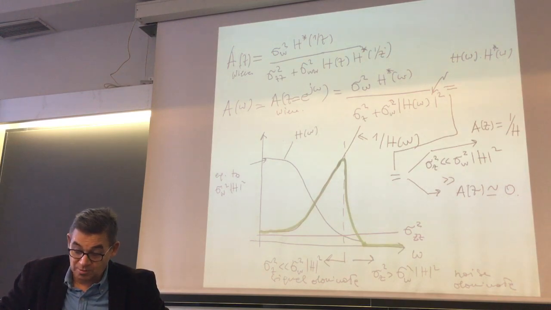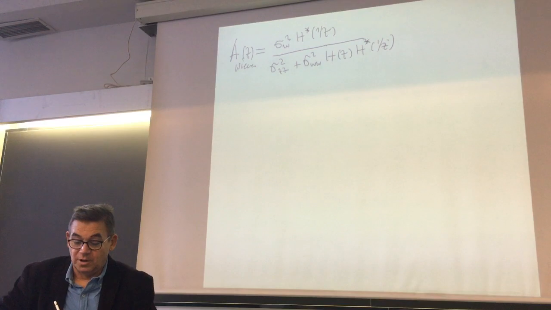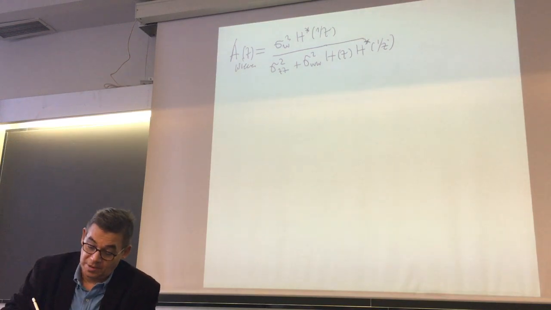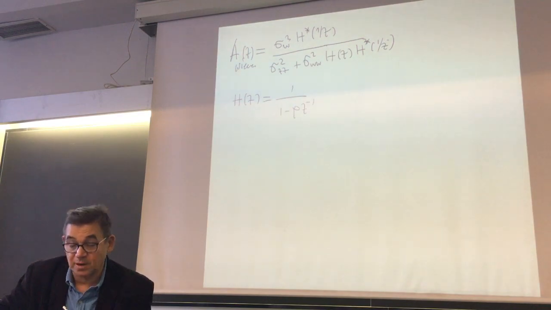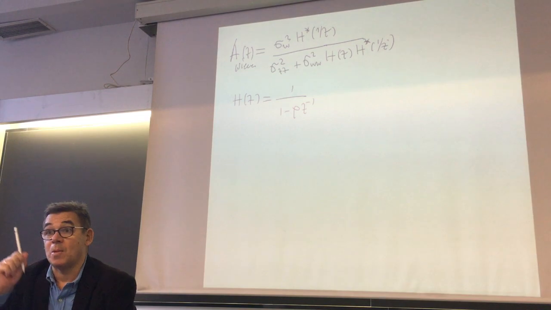Once again, it was not my goal today, but on the way in I said it's better that I focus on this right now because you're fresh. So let's take this and assume that H(z) is equal to 1 minus rho z to the minus 1. That means it's one pole.